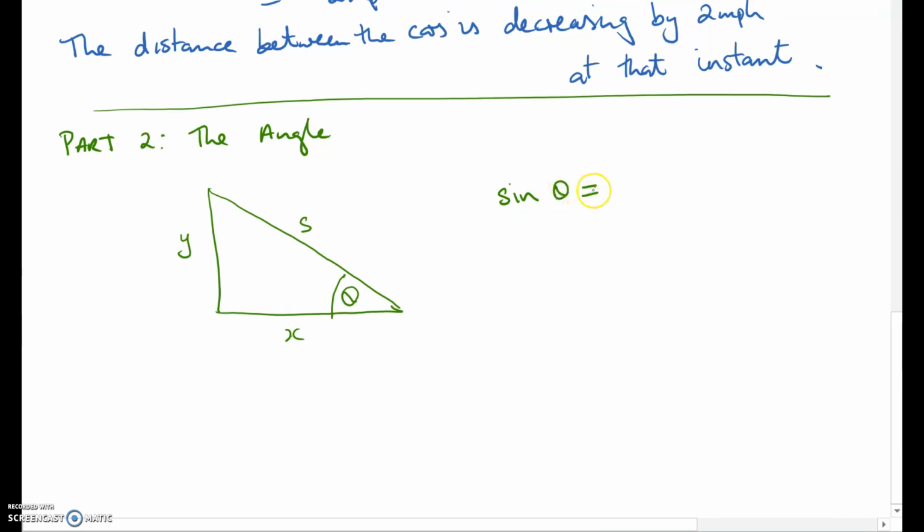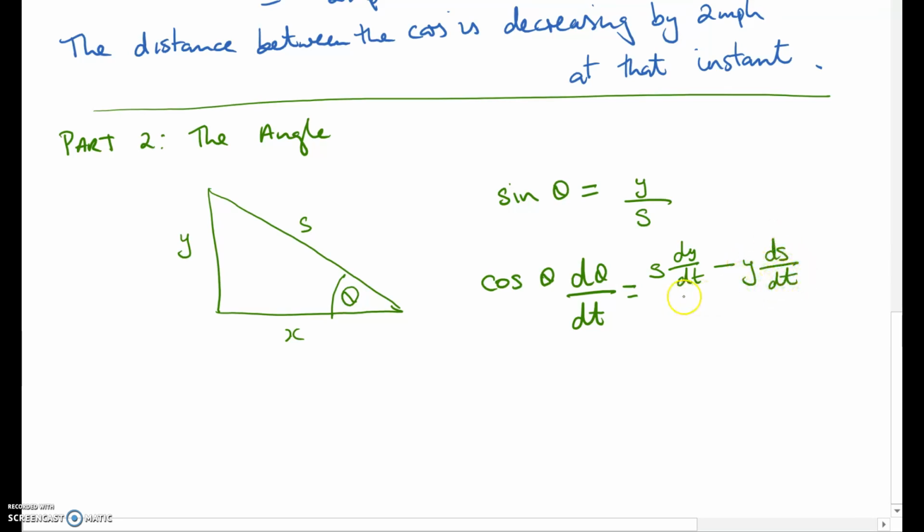Sine of theta would be the opposite, which is y, over the hypotenuse, which is s. Let's differentiate. Differentiating sine of theta, you get cosine of theta, and differentiating with respect to time, d theta/dt, we've got to use the quotient rule here: the bottom, s, times the derivative of the top, dy/dt, minus the top, y, times ds/dt, all over s squared.